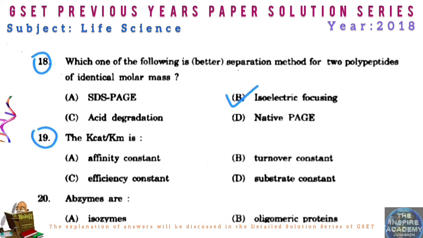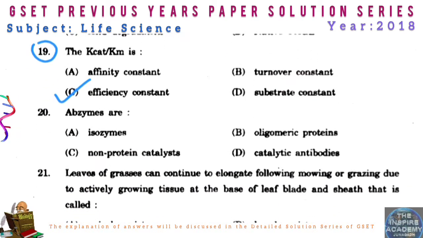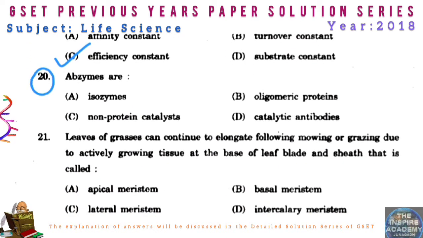The Kcat upon Km is called efficiency constant. Question number 20. Enzymes are catalytic antibodies.